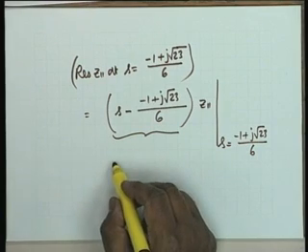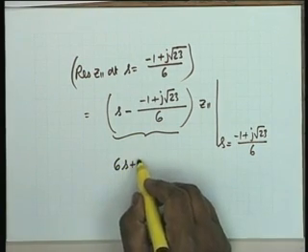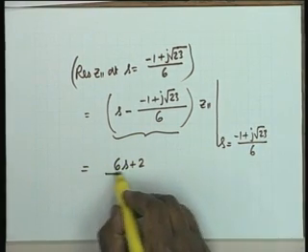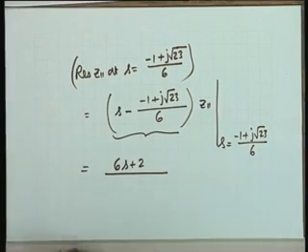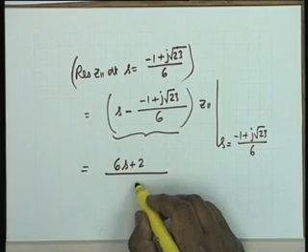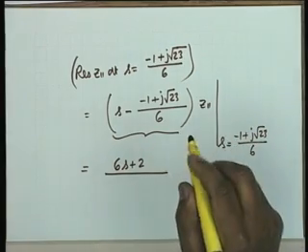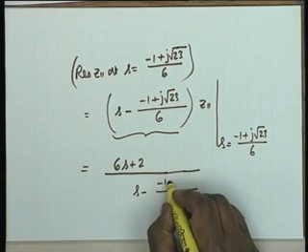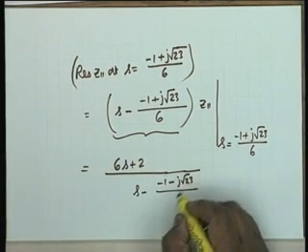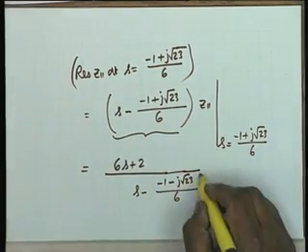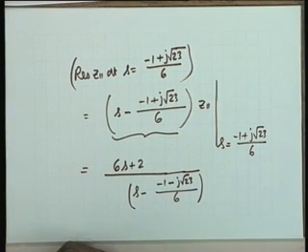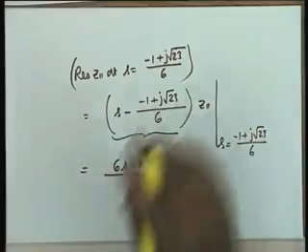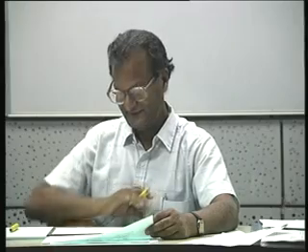So all we have to do is 6s plus 2 divided by, what shall you be left here with? If you multiply by this factor, obviously the other factor 2j root 23. S minus 1 minus j root 23 divided by 6. This is what shall remain? Twice of j imaginary part. So now we are adding the conjugate. Just a minute.